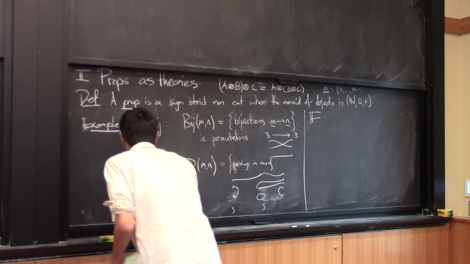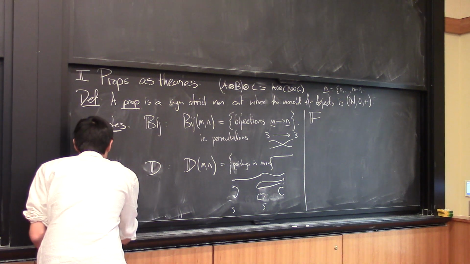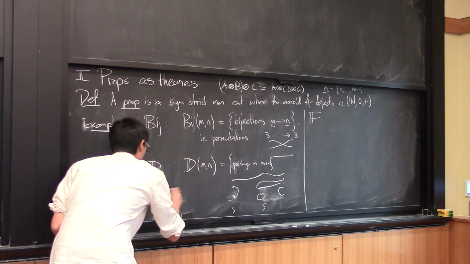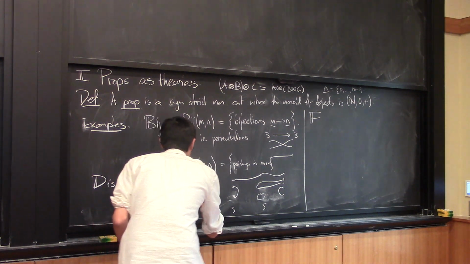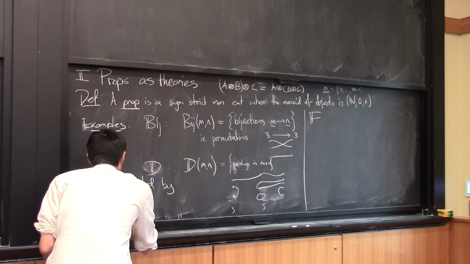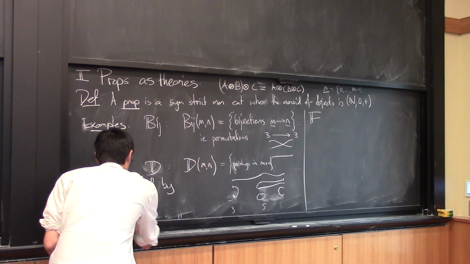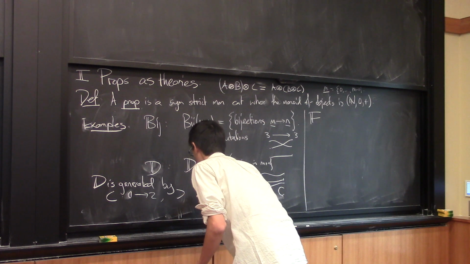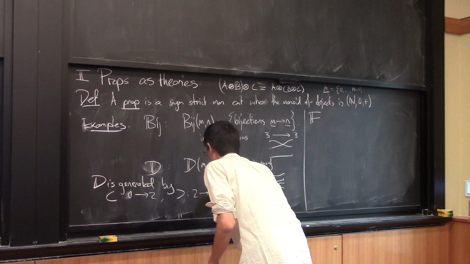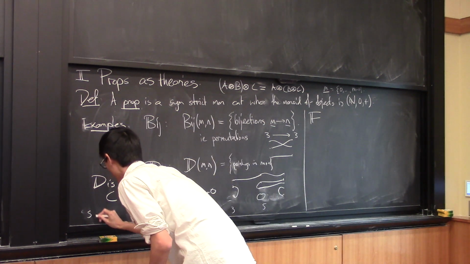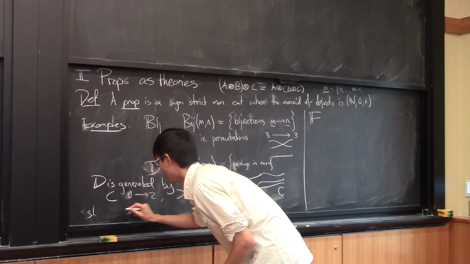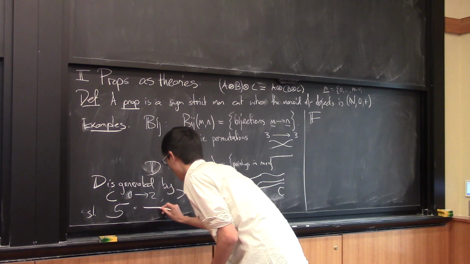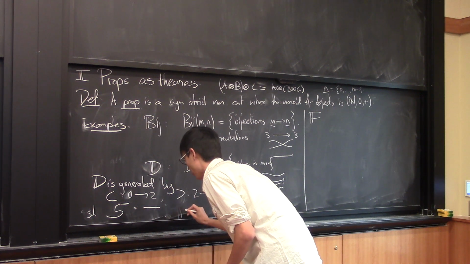And so you have these generators, so D is generated as a prop by these two morphisms, which I'm going to call cup from 0 to 2 and cap from 2 to 0, subject to the equations that say if you cup and then you cap, it's equal to the identity, and if you go around the other way, it's also equal.